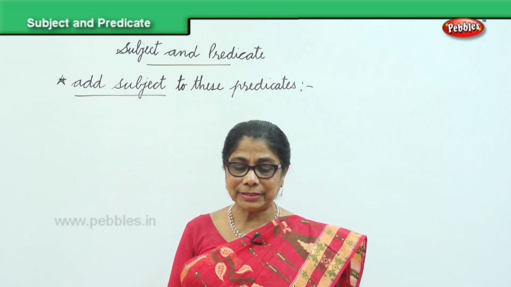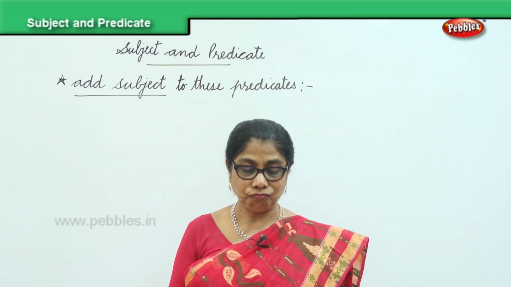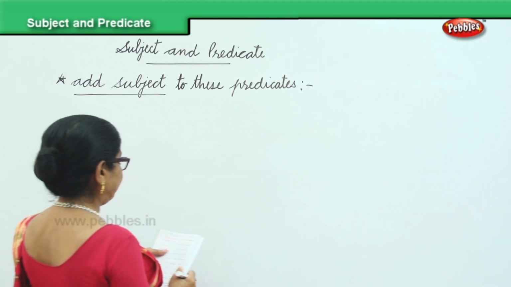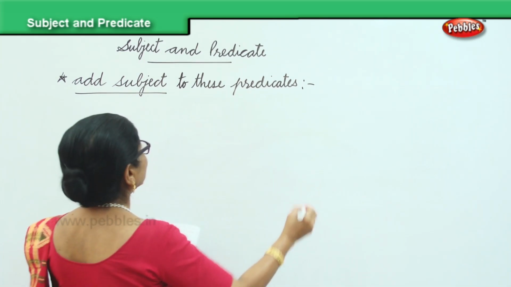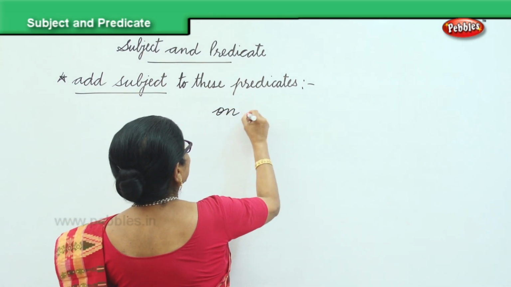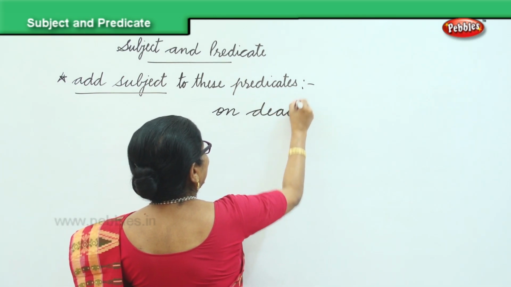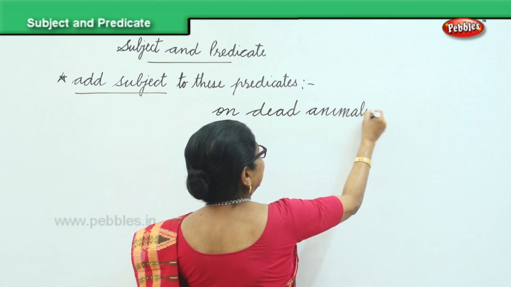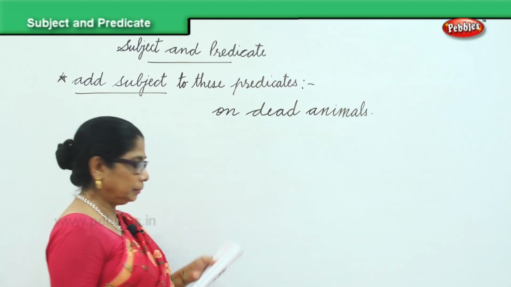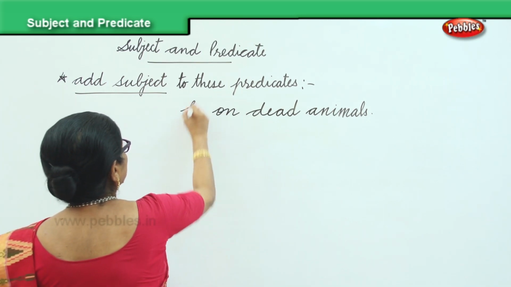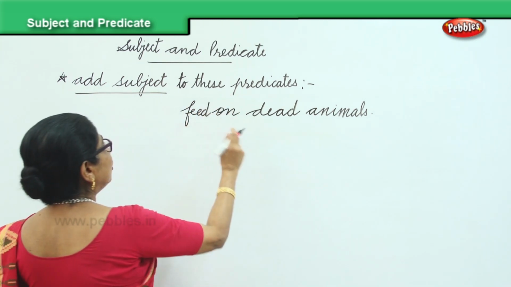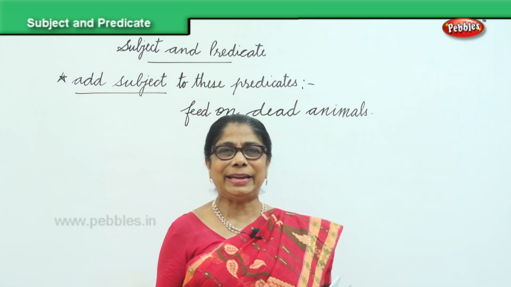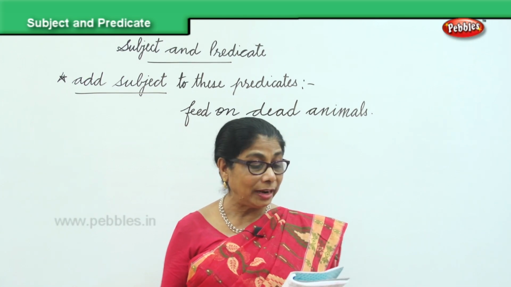So I'll write half the sentence. I'm giving you the predicate: feed on dead animals. Who feeds on dead animals? Very good, vultures.